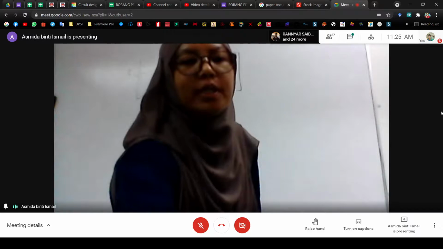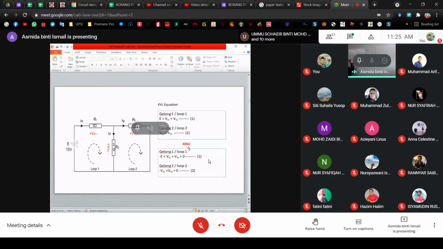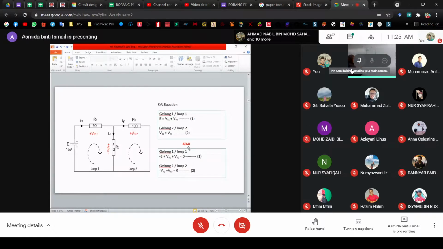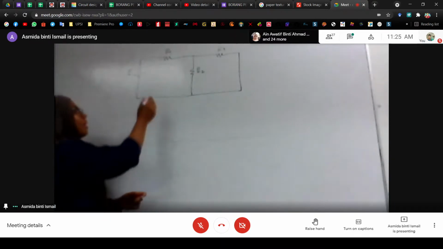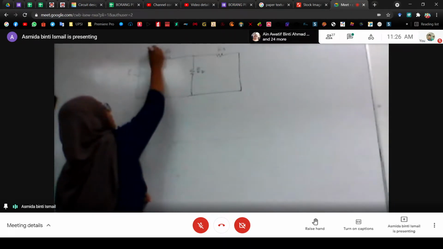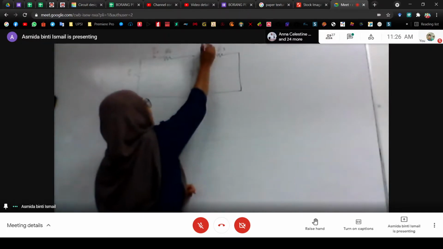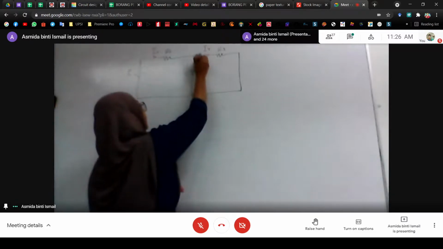Don't look at this equation. Just look at this circuit. So for this one, we want to find the value of Ix and Iy and Iz.